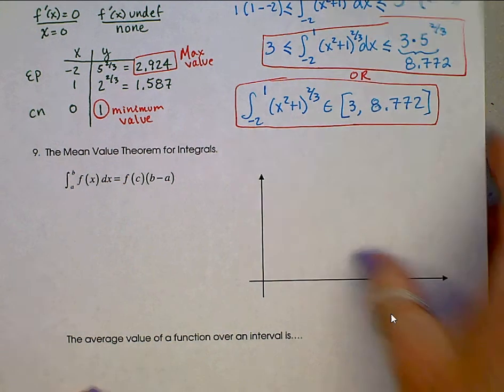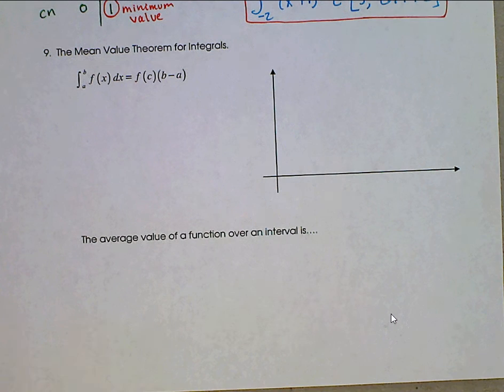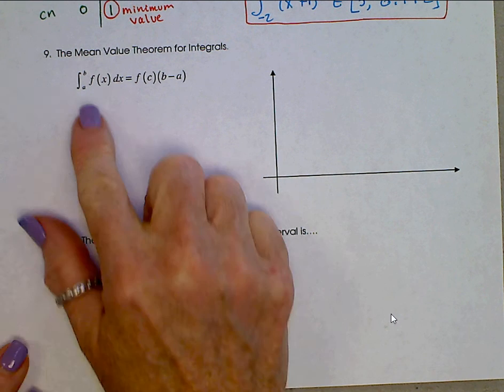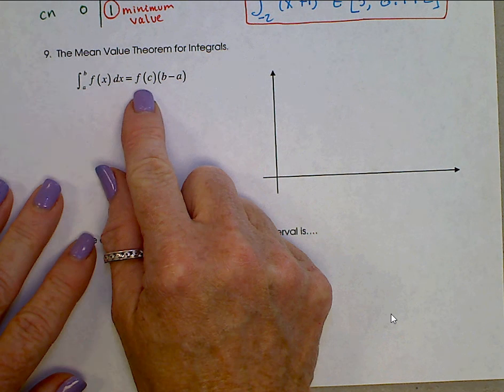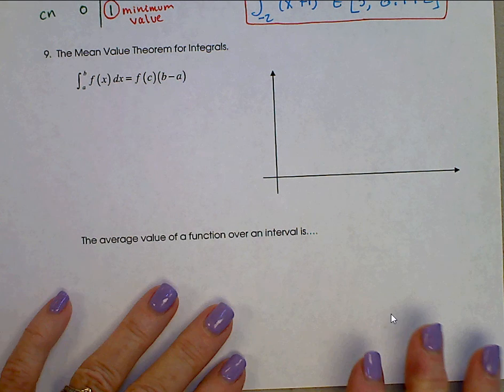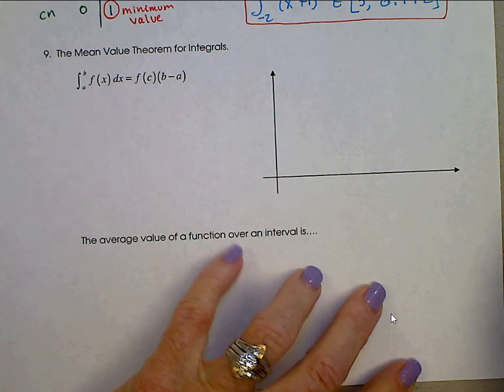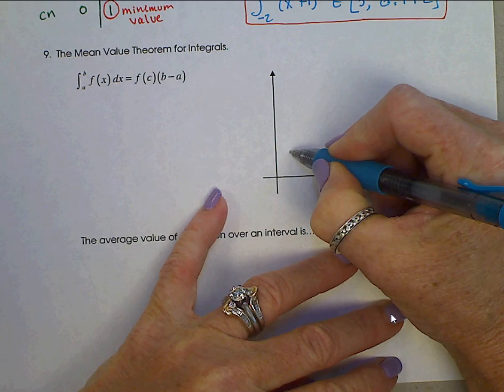Okay. All right, now the next piece we have is the mean value theorem for integrals, which says the integral from a to b of f of x dx is equal to some f of c times b minus a. Let's take a look at that and see if we can figure out what this shows visually.